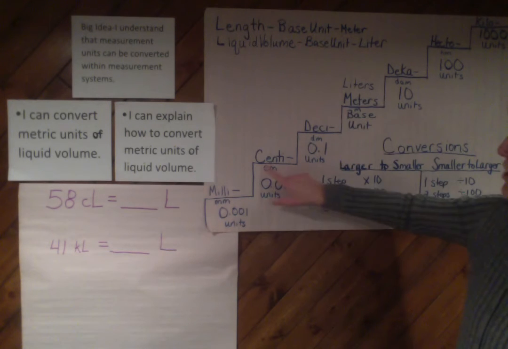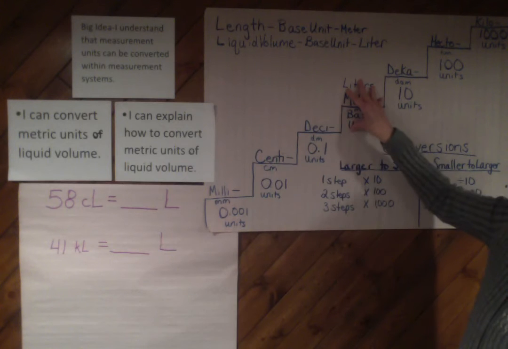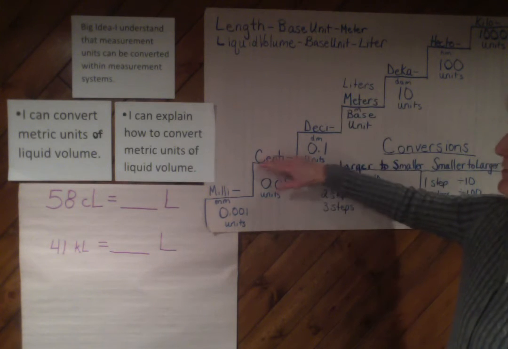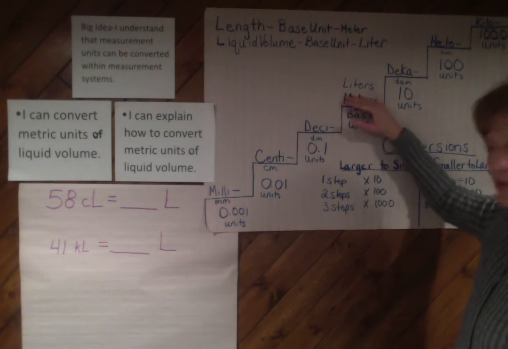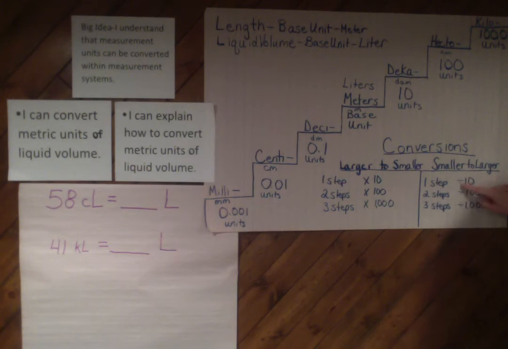Liters are here. So we are going from a smaller to a larger unit. How many steps is it? If I'm going up the staircase, I go 1, 2 to get there. Going from smaller to larger means I'm dividing, and I'm going 2 steps.